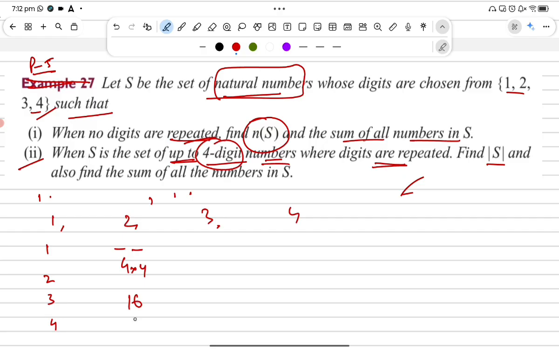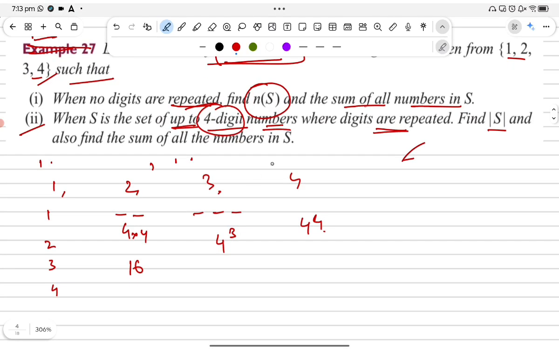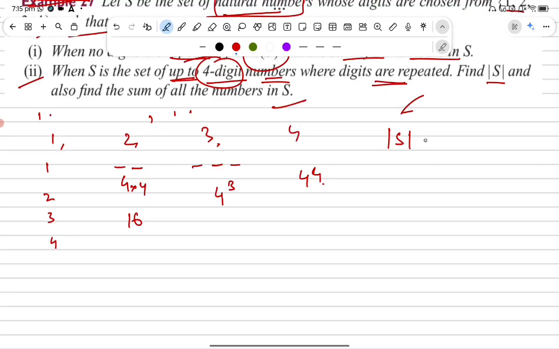I hope you're able to understand this now. For this, we'll have 4 cube, and for this, we'll have 4 to the power 4. Now the number of elements are going to be 4 plus 4 square plus 4 cube plus 4 to the power 4. So the number of elements comes out to be 340. That's the first part of this problem.